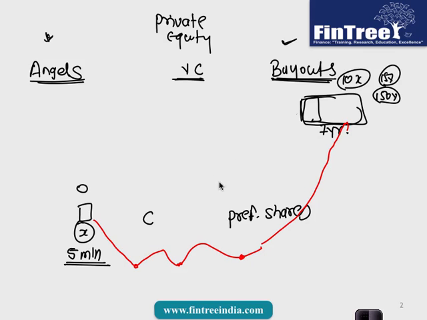So what I would do is make these convertible preference shares also cumulative. The meaning of cumulative is that, let's say your dividend was X amount here, X amount here, X amount here. The year in which the company makes profit, they will have to pay you 4x: dividend of the previous 3 years plus the dividend of this year.